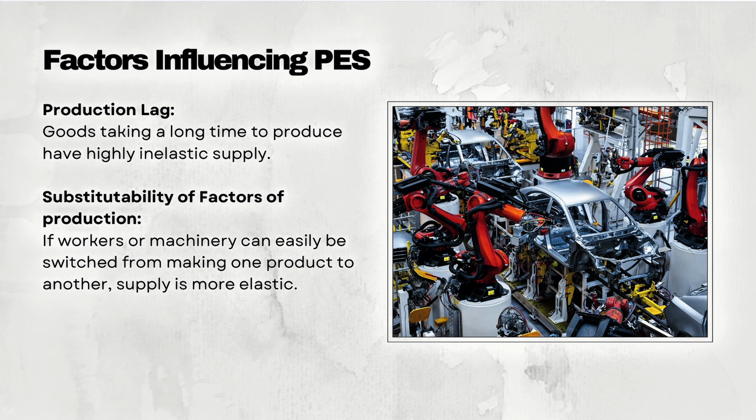And in the case for production lag, if goods take a long time to produce, this will cause this product to be highly inelastic in supply. And in the case of substitution, if workers or machinery can easily be switched from making one product to another, supply will be more elastic, as the firm is using its same resources, capital and labor, to produce goods and services that consumers want relatively quickly.